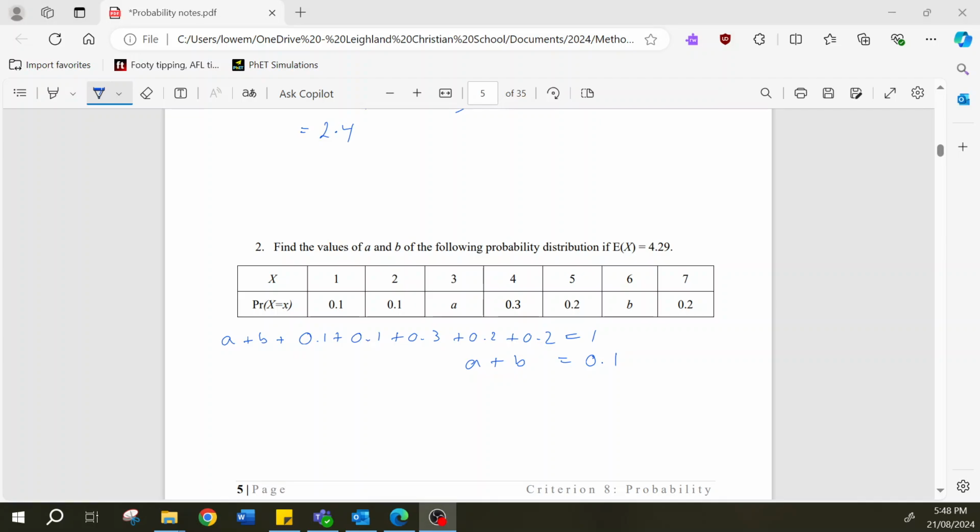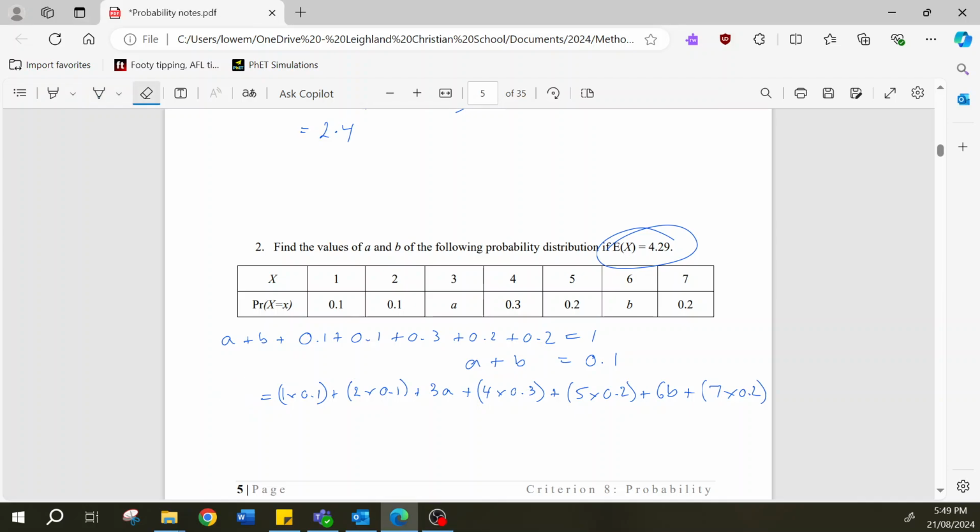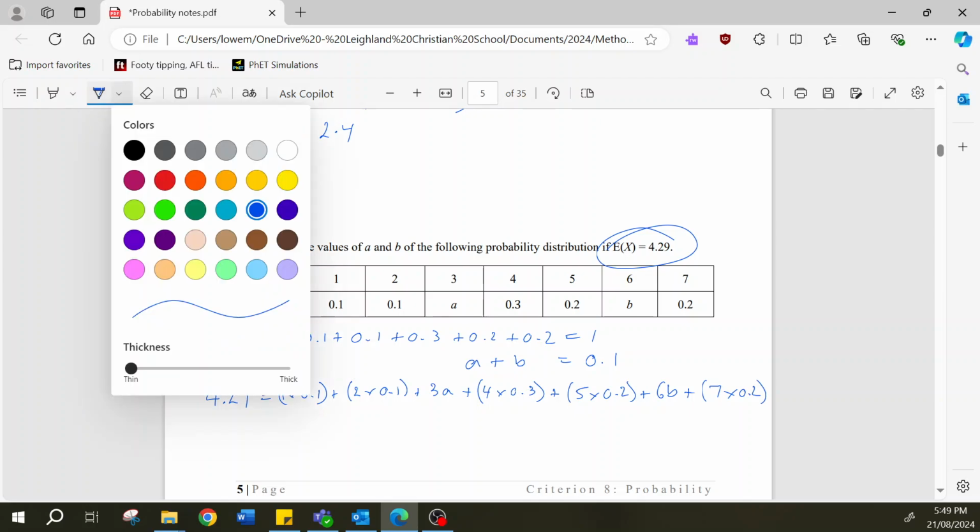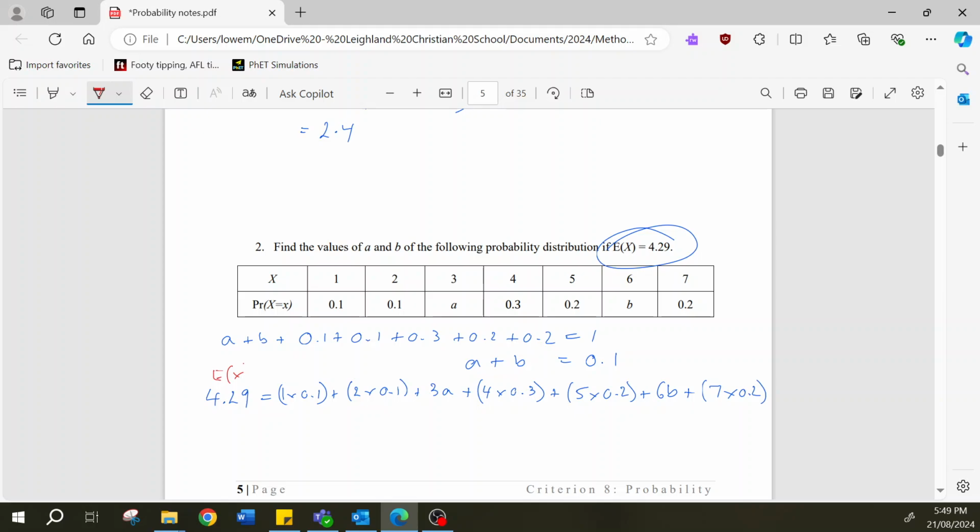The other thing is we know that the expected value is 4.29, and so if we remember that the expected value is equal to 1 times 0.1 plus 2 times 0.1 and so on, they're all multiplied together, adding those together, equaling 4.29, our expected value, E(X).